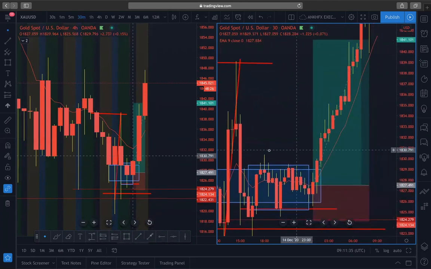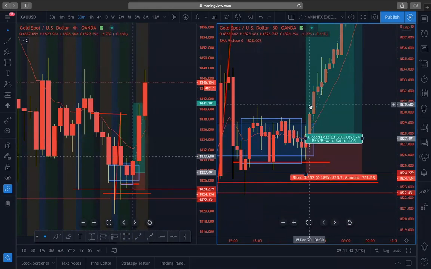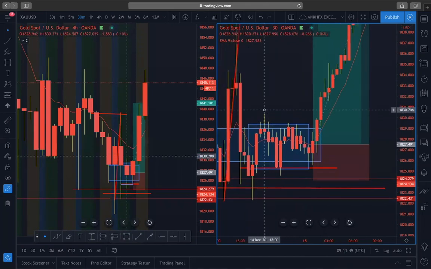And there are other entry techniques, which can be a buy stop above this resistance. Good.